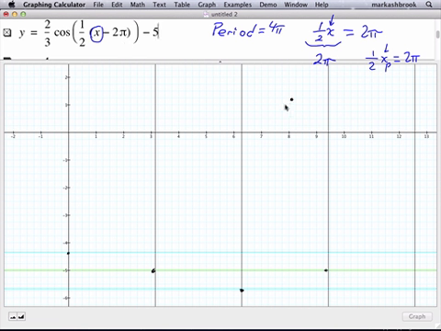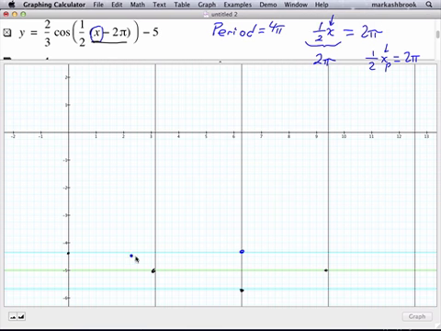If we're subtracting from the input, then our angle is how compared to just the angle x? Behind or ahead? Behind. Okay, it's behind. So the cosine is going to start first, and then later, our graph is going to start. So where's our graph going to start? 2 pi, which is here.